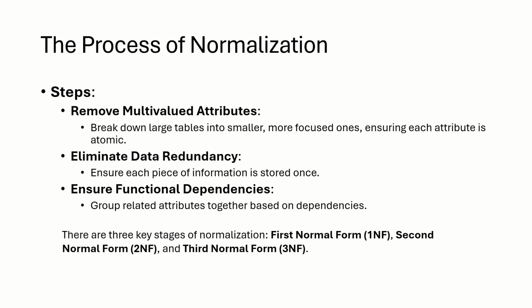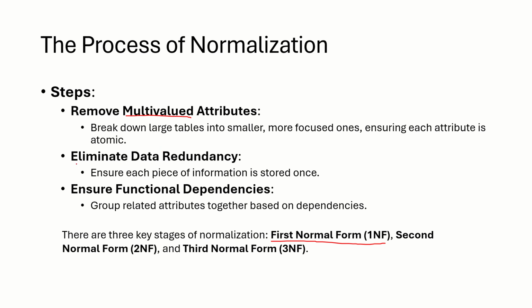The first step is called the first normal form, or 1NF. We need to remove all the multi-valued attributes. We need to break down a large table into smaller, more focused ones, and ensure each attribute is atomic.